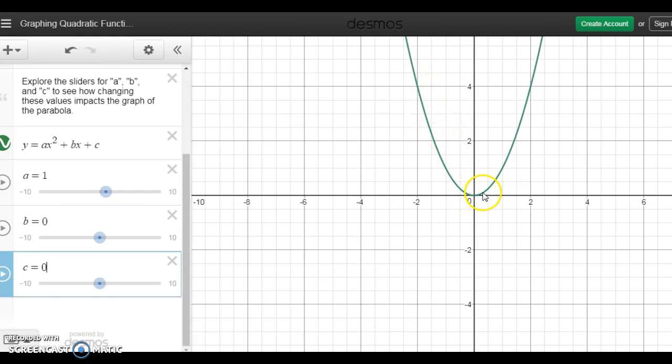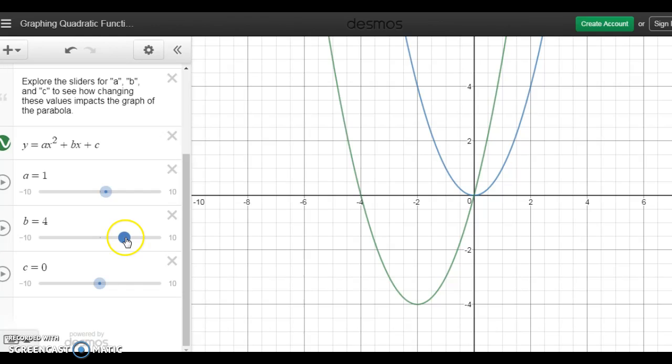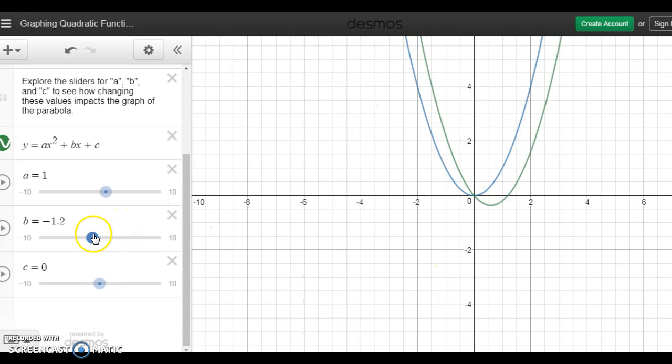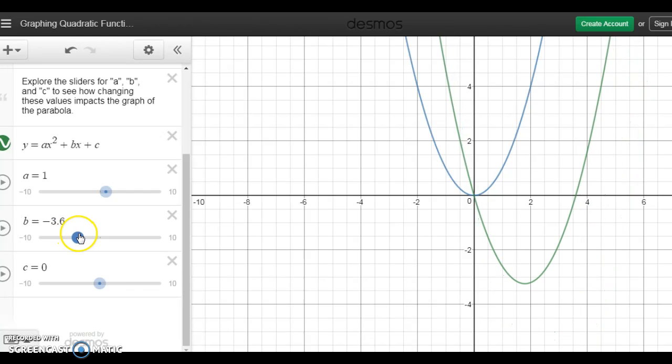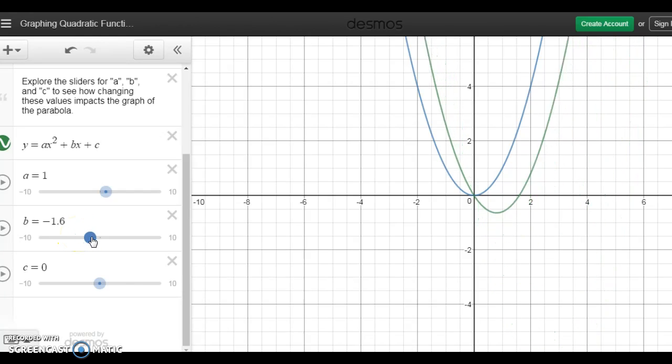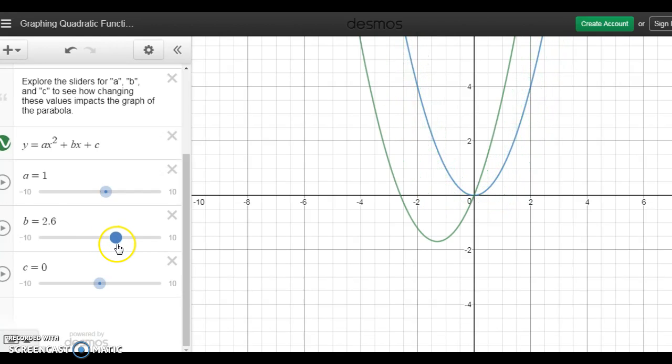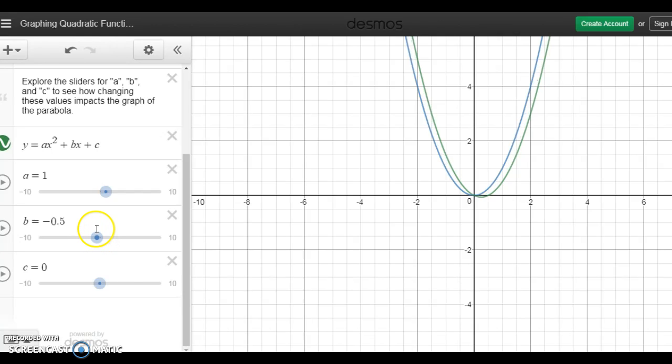It's going to follow the reflection of your normal standard graph. So when I increase b, you can see it's following the reflection, the curve of this reflection here, and it's actually the opposite. So I'm not too concerned about that, but here's b being negative. Look at it follow the reflection of our blue graph.